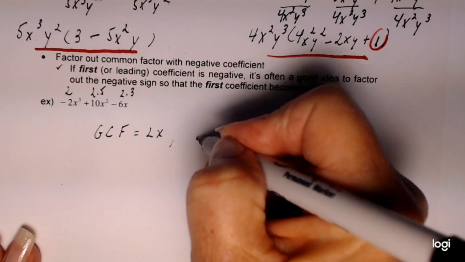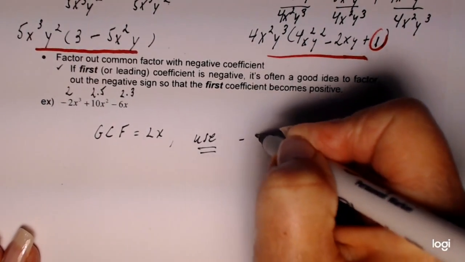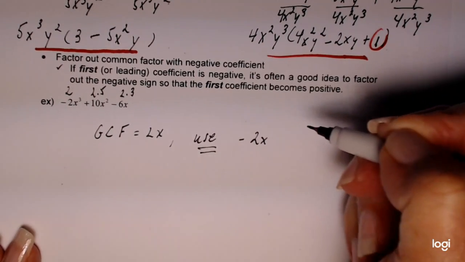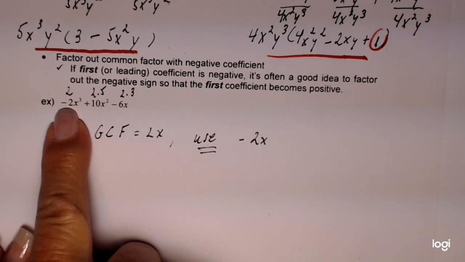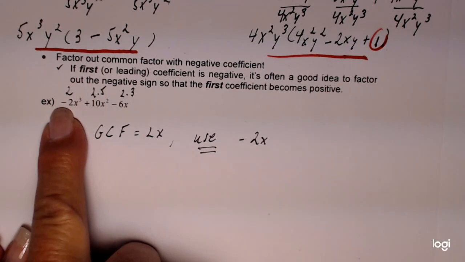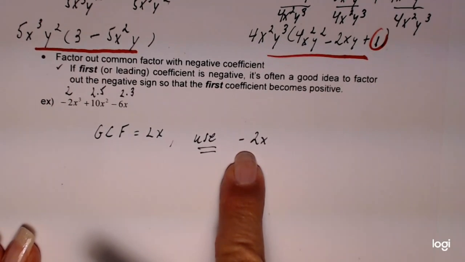What we are going to do is use negative 2x because this first term is negative, a negative coefficient. When we identify our greatest common factor, we are going to make it negative so that after we do the division, what we're left with inside our parentheses is positive.